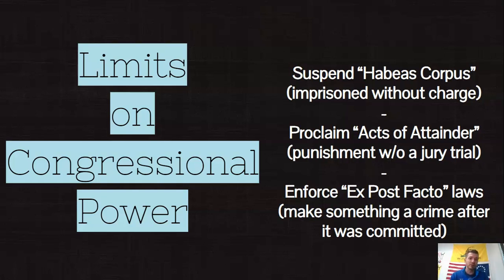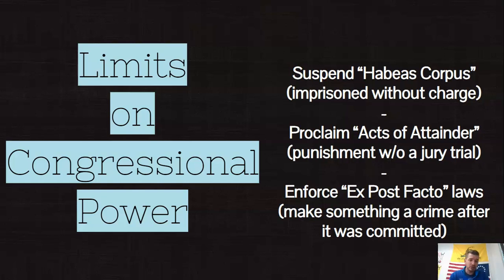And there's a very famous example of President Lincoln suspending habeas corpus very early on in the Civil War. He was throwing rebels into prison without letting them know why, because he needed Maryland to not secede from the Union, even though it was a slave state.